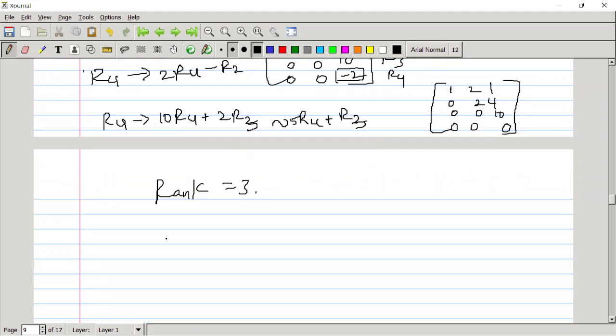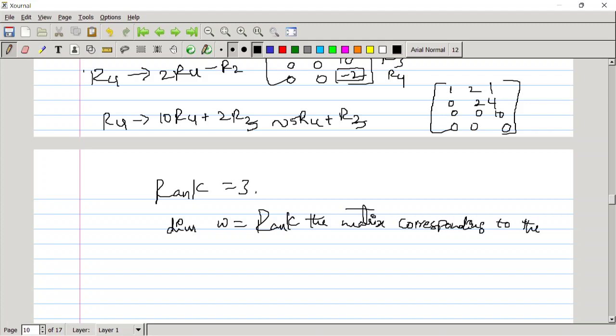From this, how we can conclude: the dimension of the subspace W equals the rank of the matrix corresponding to the generators of W, and that is nothing but 3. So the dimension of W is equal to 3.